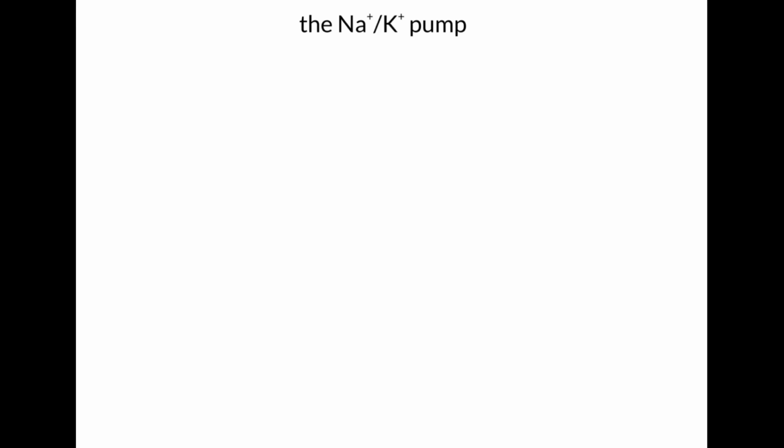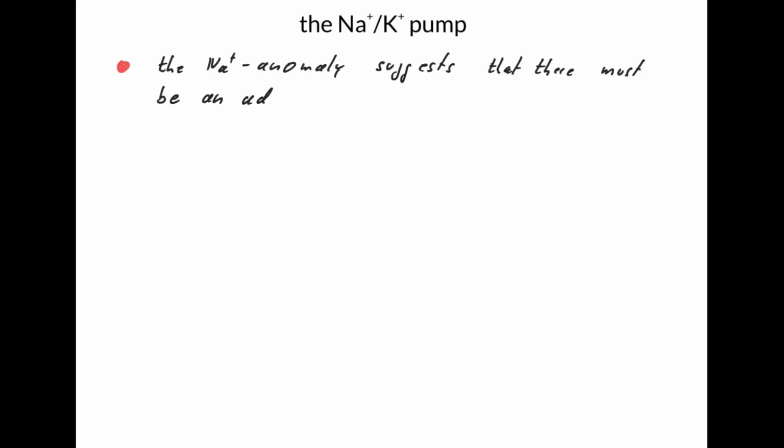Yet what we now have to consider is the strange behavior of the sodium, the so-called sodium anomaly. Well, the sodium Nernst potential actually is positive. What this suggests is there must be an additional outward flux of sodium ions from the cell.